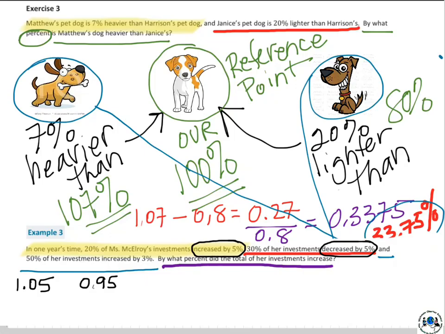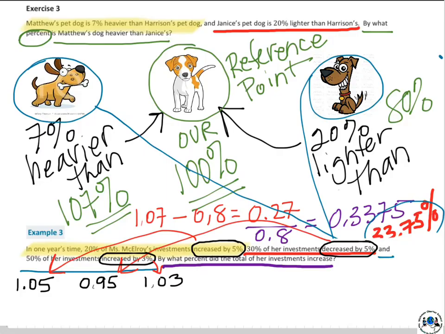I am looking at all these increases and decreases and how they would be represented. So you can see that an increase by 5% is represented by 1.05. Now the decrease by 5% is going to be represented by 0.95, which is 95%. And then an increase by 3% is 1.03.